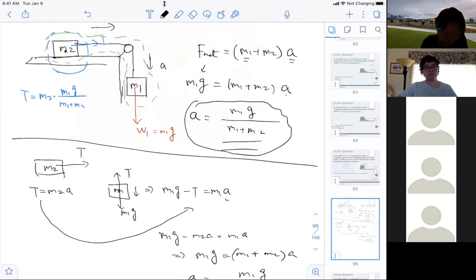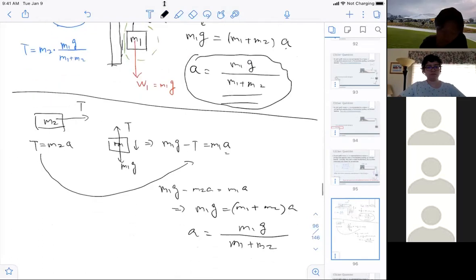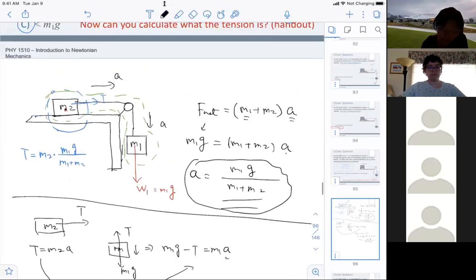You see where you have a = M1 G over M1 plus M2, and then the big horizontal line dividing the screen. Oh, okay. Yes, these are two different methods for the same case. So this is case 1. This method is the trick, a shortcut.